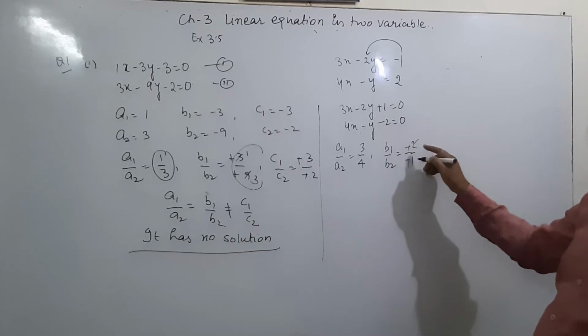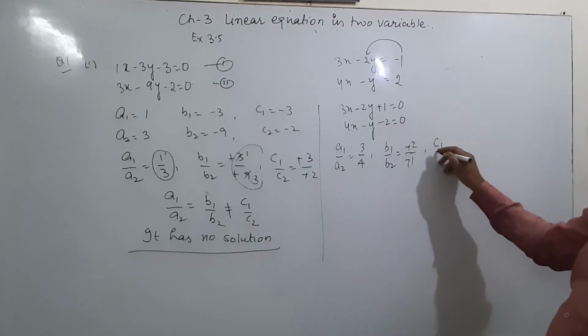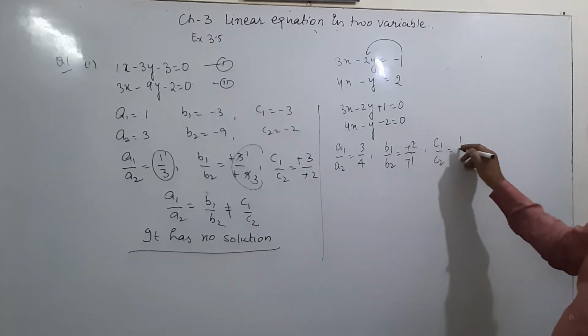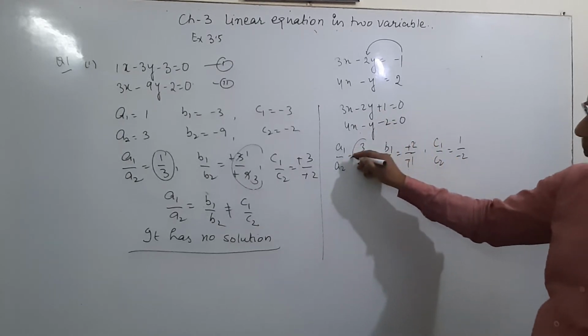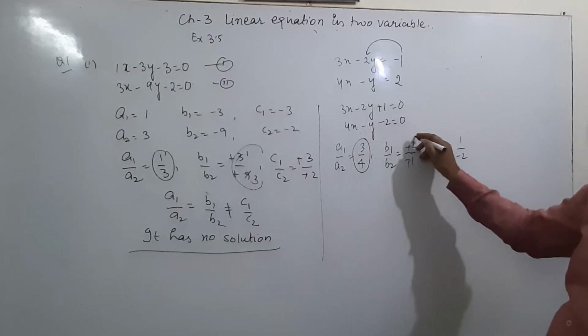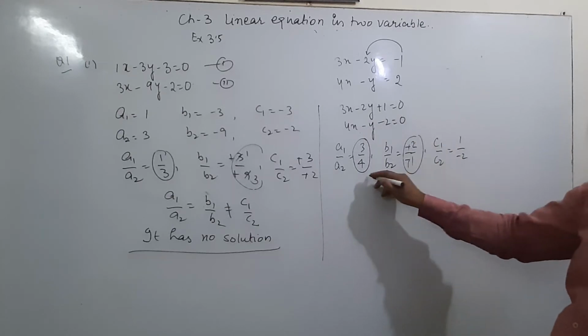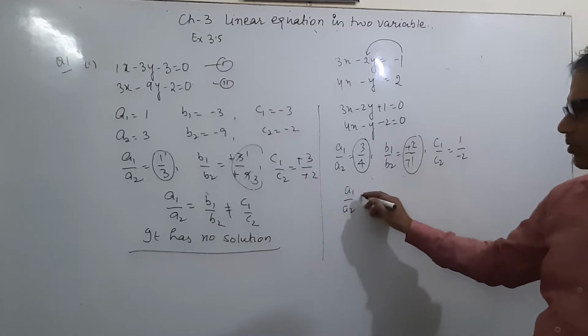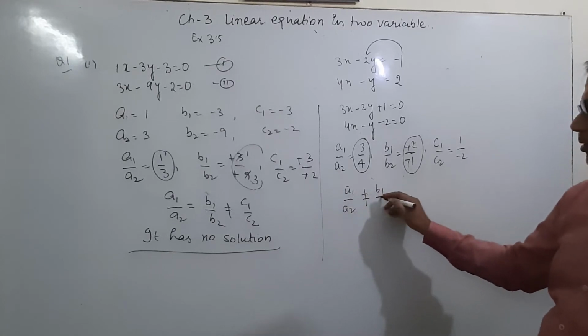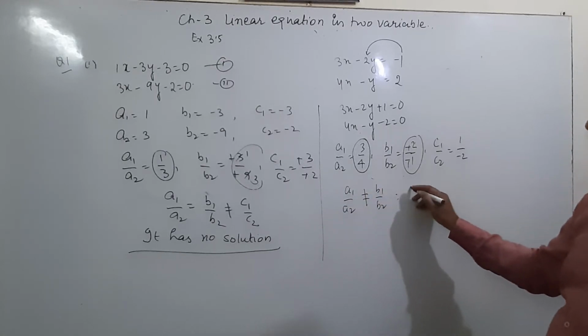This will be 2. c1 upon c2 is 1 upon minus 2. a1 upon a2 is equal to 3 by 4 and b1 upon b2 is 2 by 1. They are not the same. So a1 upon a2 is not equal to b1 upon b2. It has a unique solution.